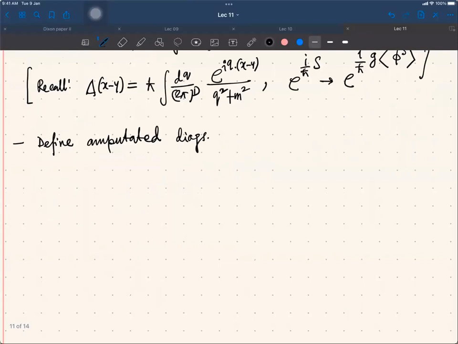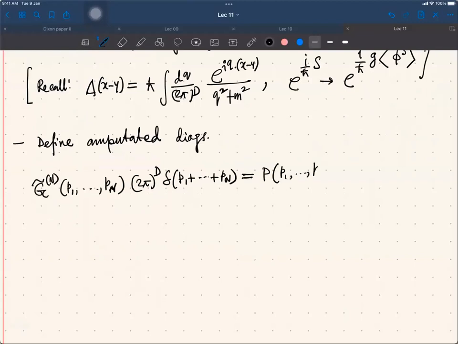That is given by the n-point function in momentum space, which is given by this, and as we have seen earlier, that G tilde n has an essential factor of capital P of the external momenta.